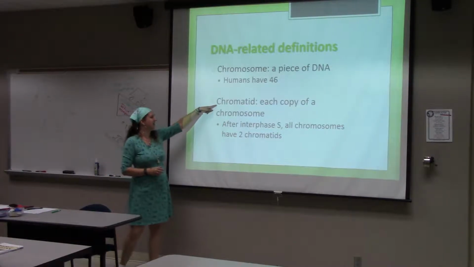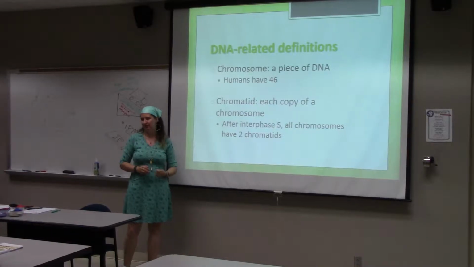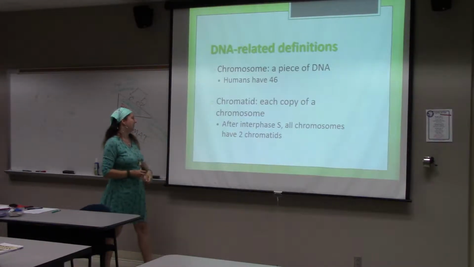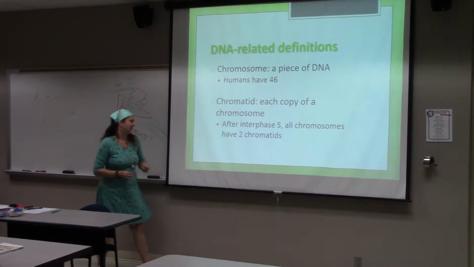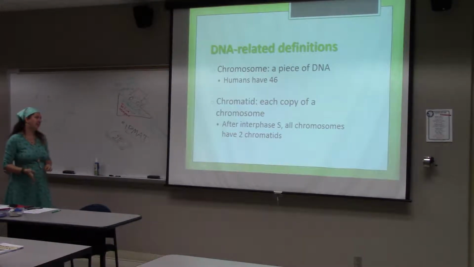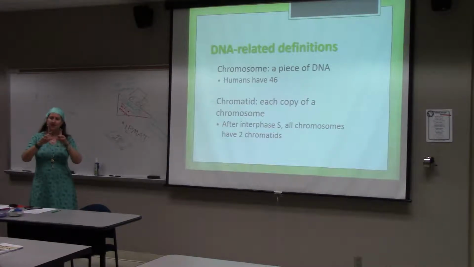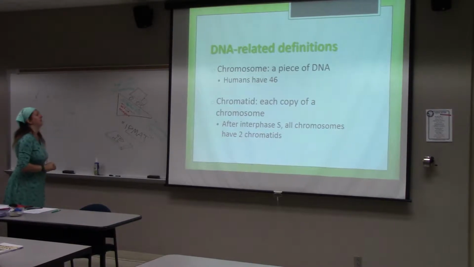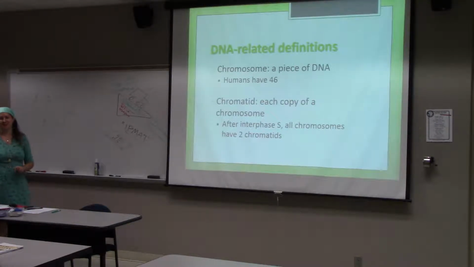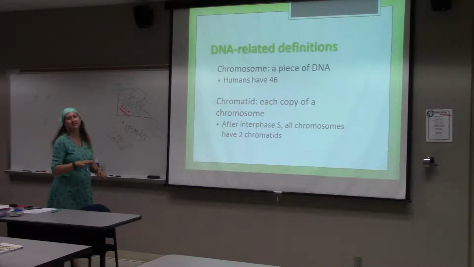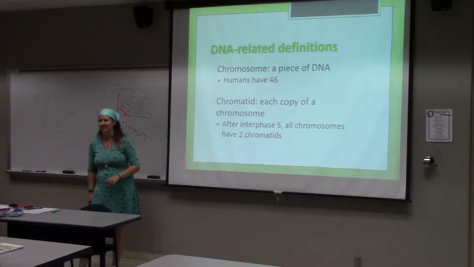A chromatid is a copy of a chromosome. After synthesis, or interphase S, all the chromosomes have 2 chromatids. So we make the copy and we keep the pages together. Replicating DNA is kind of like if you sent a 46-page document to the printers and said, I need one more copy of this.